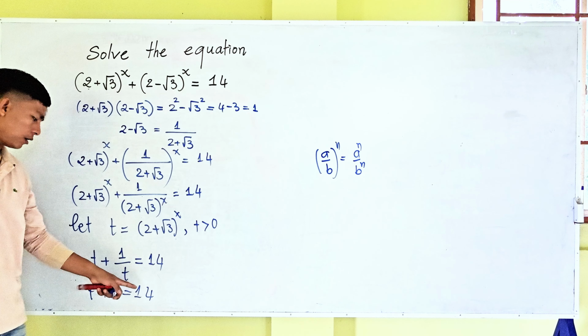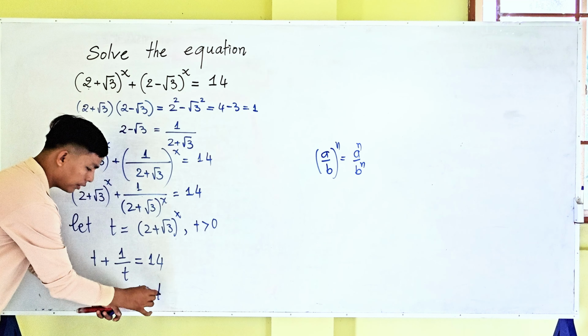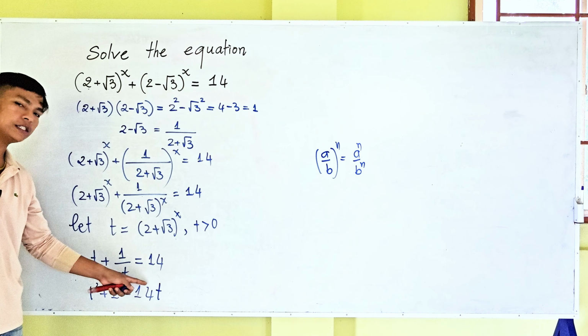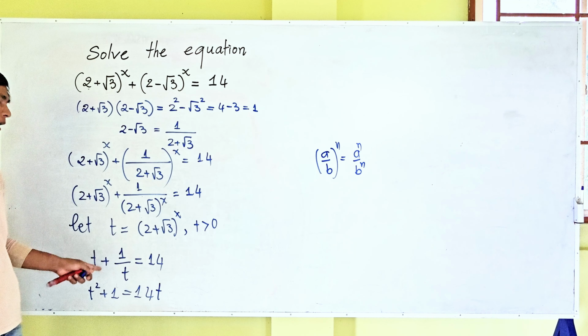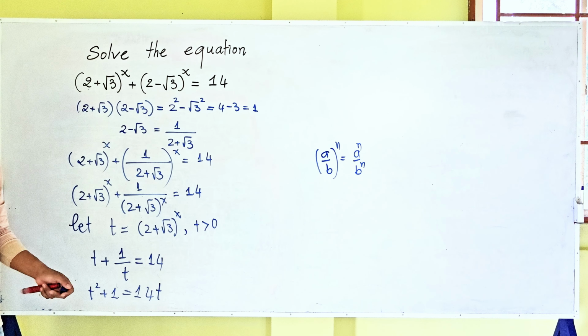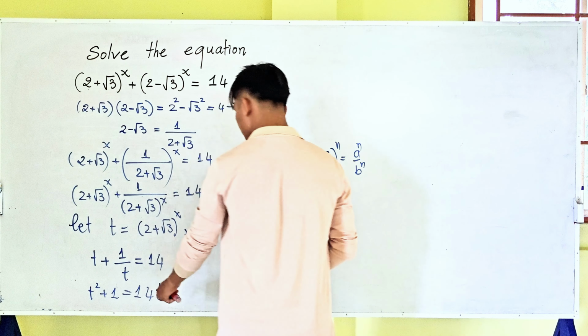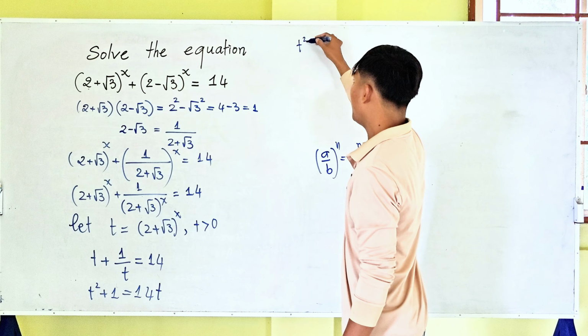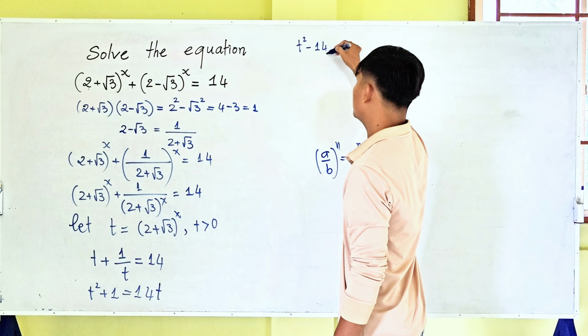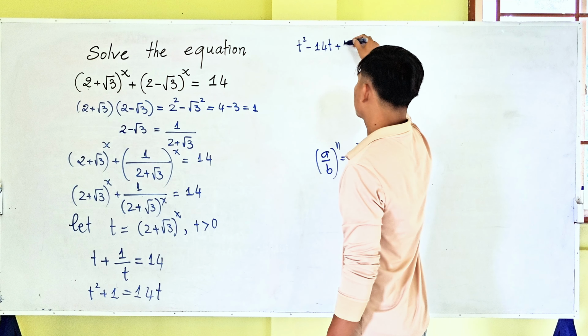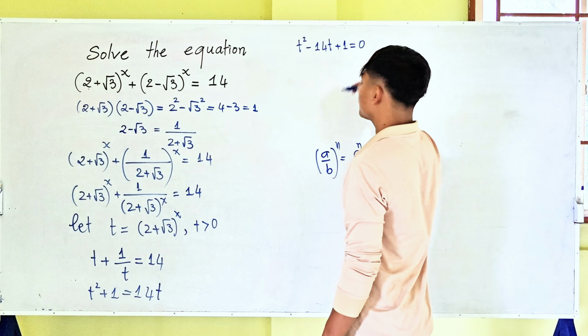And now we change 14t from the right hand side to the left hand side. So we get t squared minus 14t plus 1 equals 0.